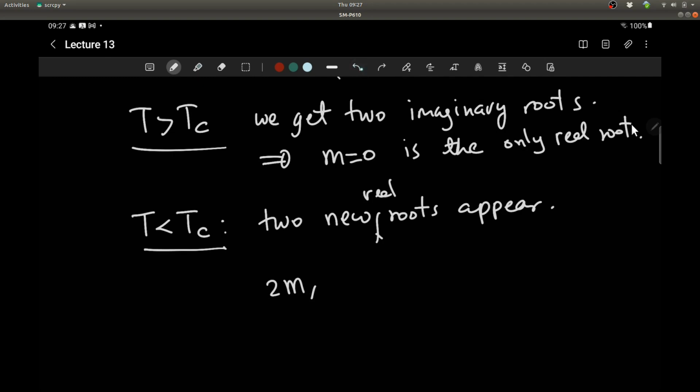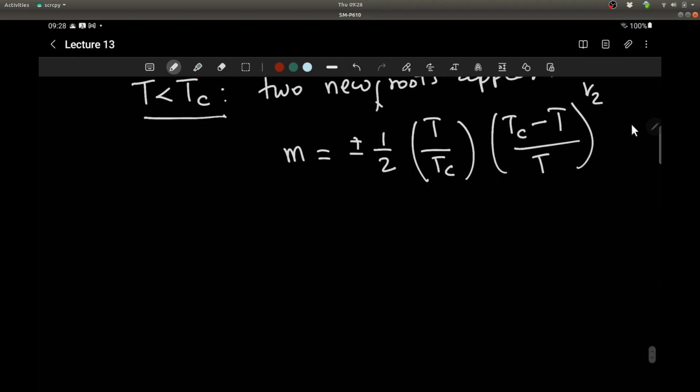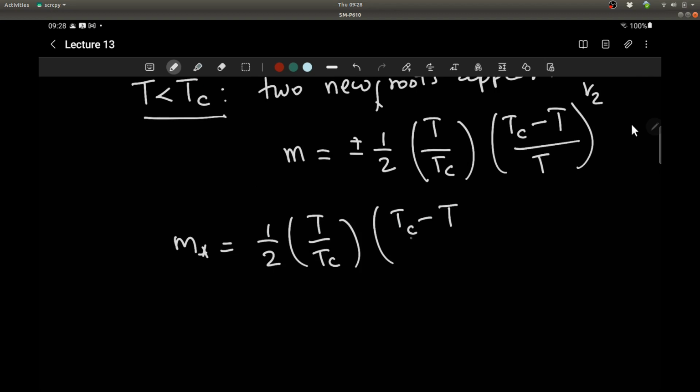No, I don't want to call that m star. 2m equal to plus or minus, you can even take 2 to the other side, plus or minus half into, okay, or from our definition, m star was just t into, okay, power half.